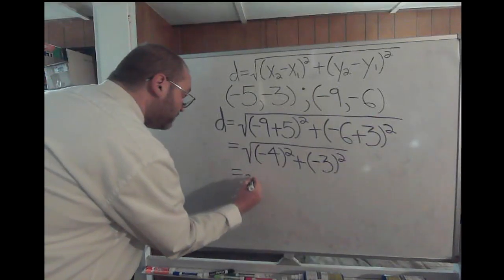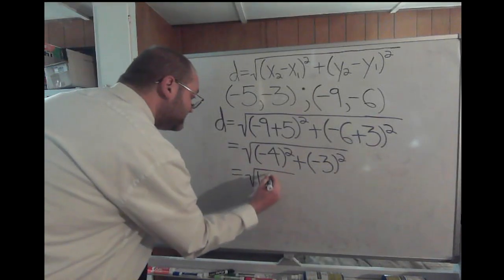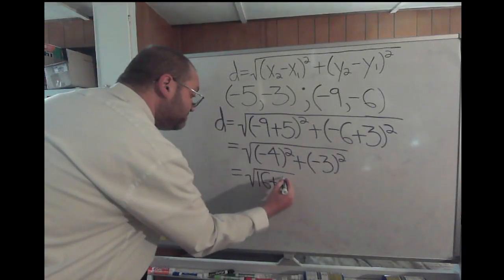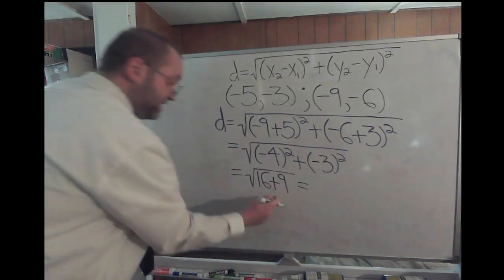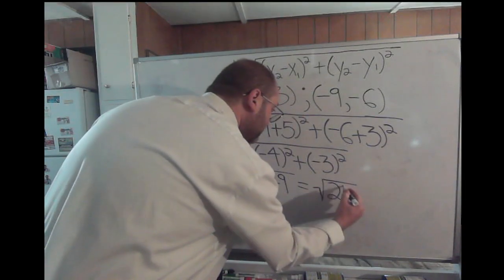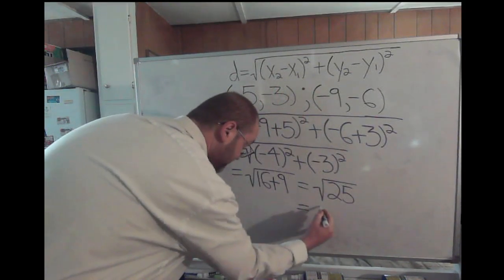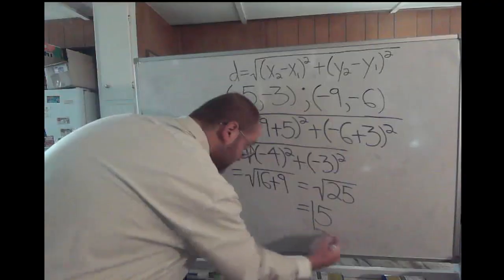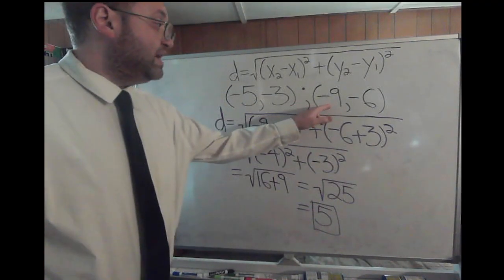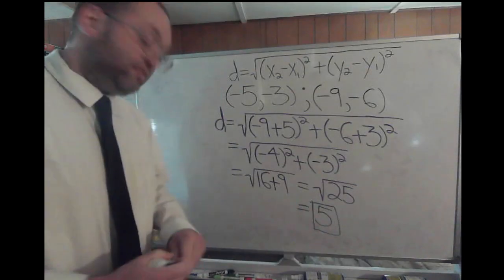Which -4 to the second power, that's going to be 16. Plus -3 to the second power, that's going to be 9. Which 16 plus 9, that's 25. Which the square root of 25 is 5. So the distance between (-5, -3) and (-9, -6) is 5.